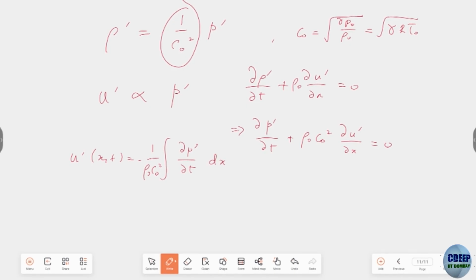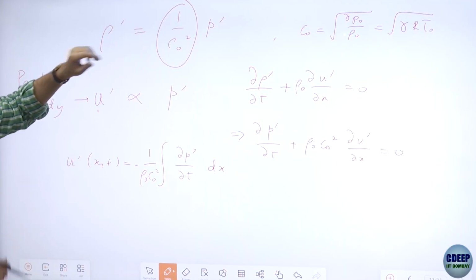We are discussing the relation between velocity fluctuations, what we call the particle velocity. This U prime is called particle velocity to distinguish it from the sound wave velocity, which is C naught. We are trying to relate that to the pressure fluctuations for which we have got the solution.